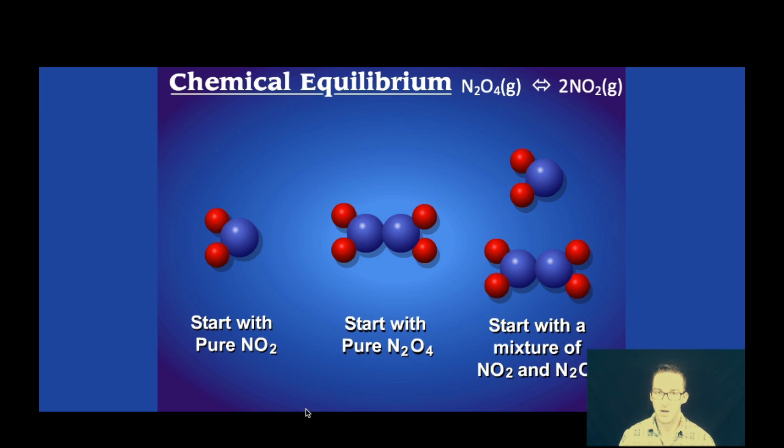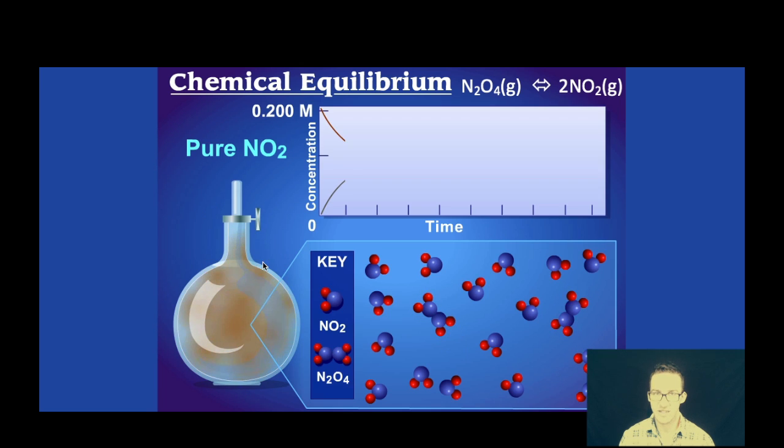And as you are thinking about this reaction at the macroscopic level, the N2O4 is colorless, but the NO2 is a brown gas. And so as you watch this animation at the macroscopic level, you're going to be looking at this color change, but then at the microscopic or atomic level, I want you to see what's happening as we move back and forth between these products and reactants. So our reaction begins with pure NO2.